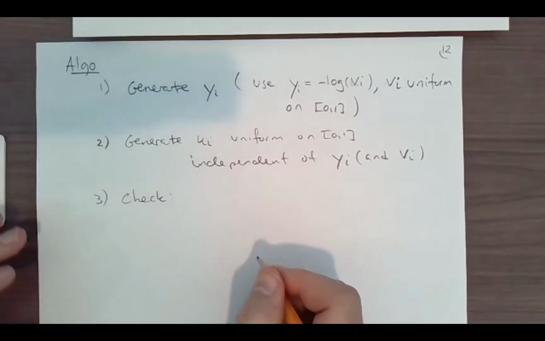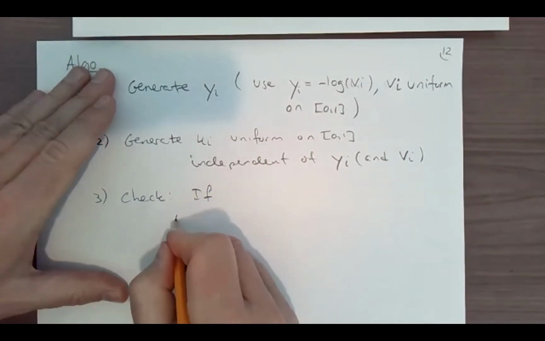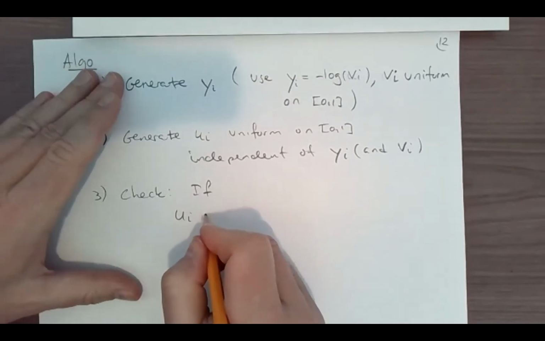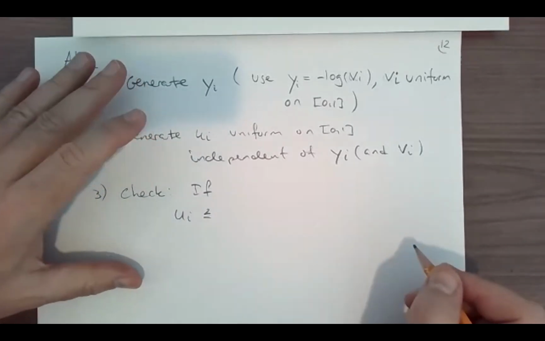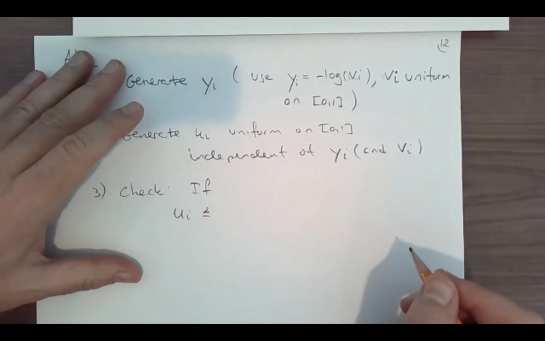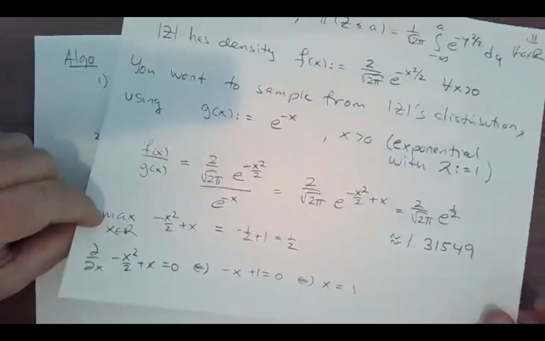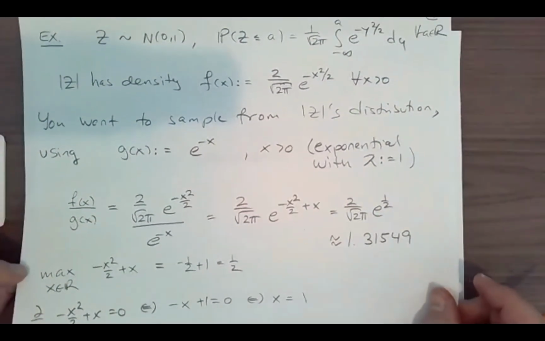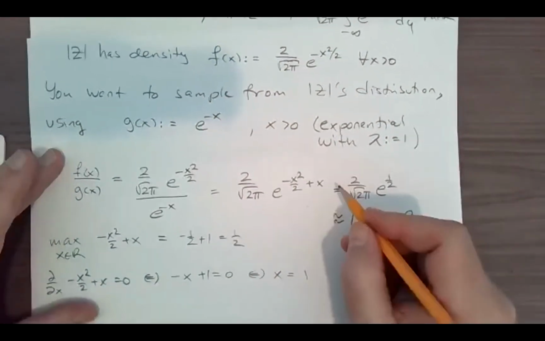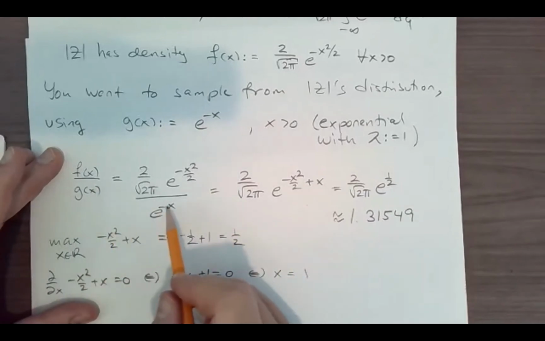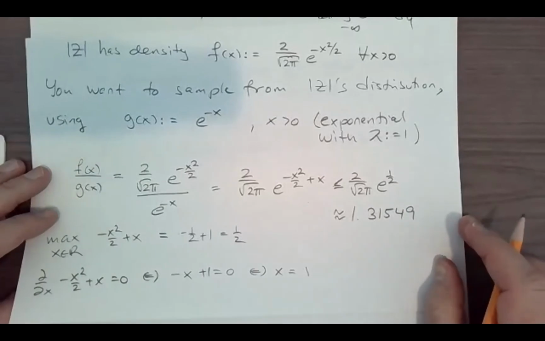The check is: if V is less than, so here we had f of x, it should be less than. So what are we doing?